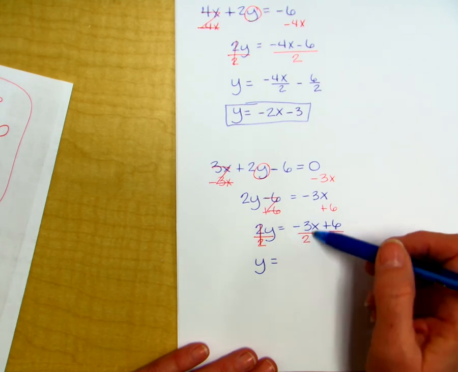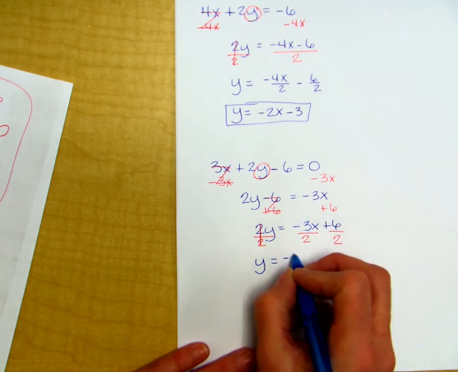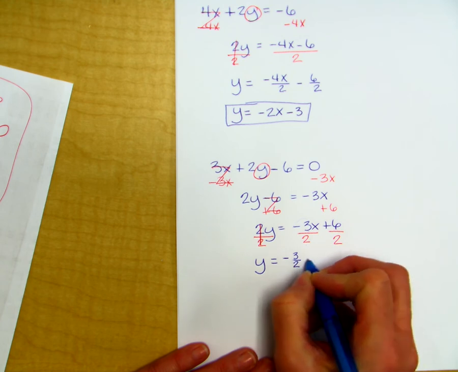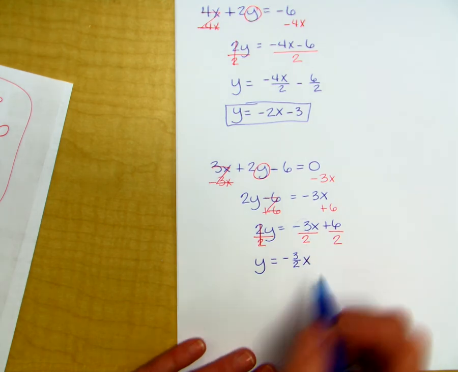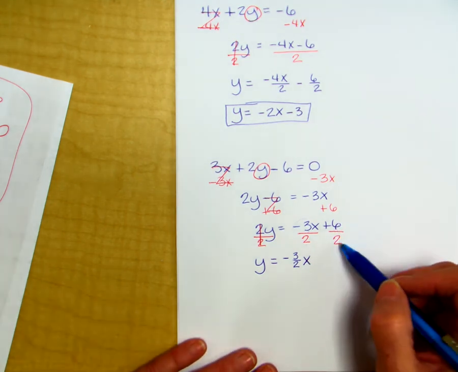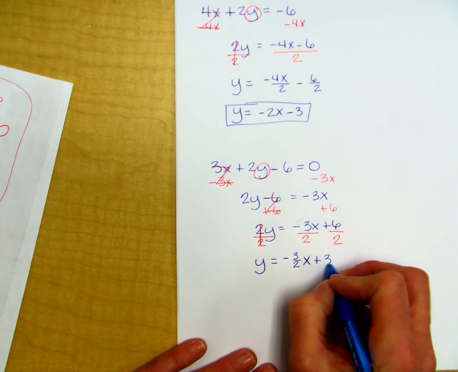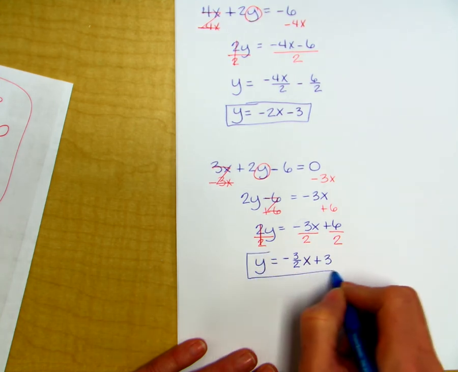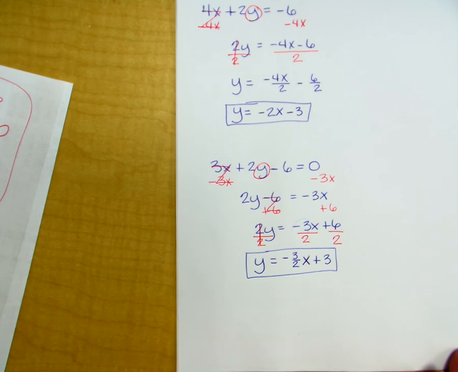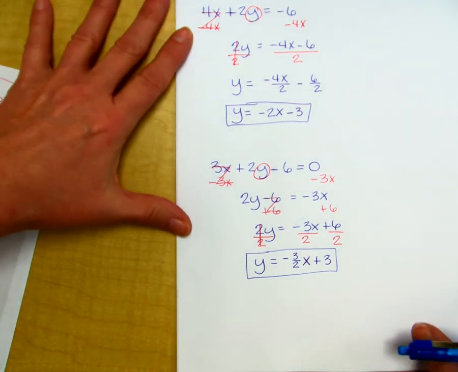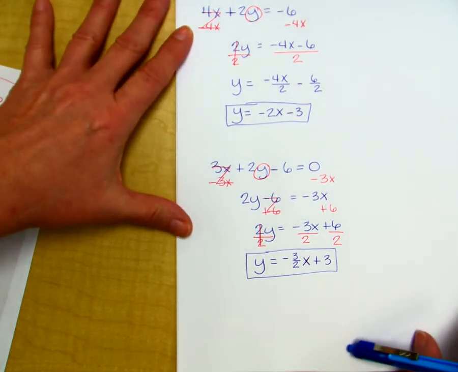We're going to take the -3 over 2 as a fraction in front, and then leave the x not underneath the 2, but kind of big right there beside them. And then 6 divided by 2 is 3. So here we have the y isolated on one side and all of the other terms on the other side. So those are our first 2 examples.